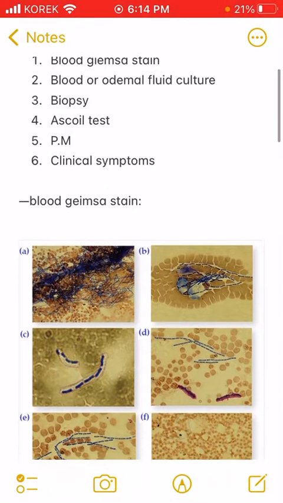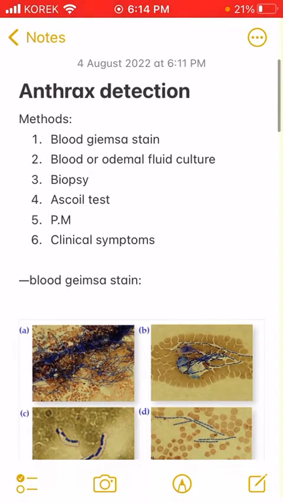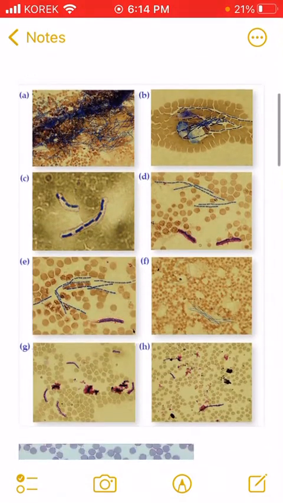Let's review. What are the six methods? Blood Giemsa stain or Wright stain, blood or oedemal fluid culture, biopsy, Ascoli test, post-mortem examination, and clinical symptoms.